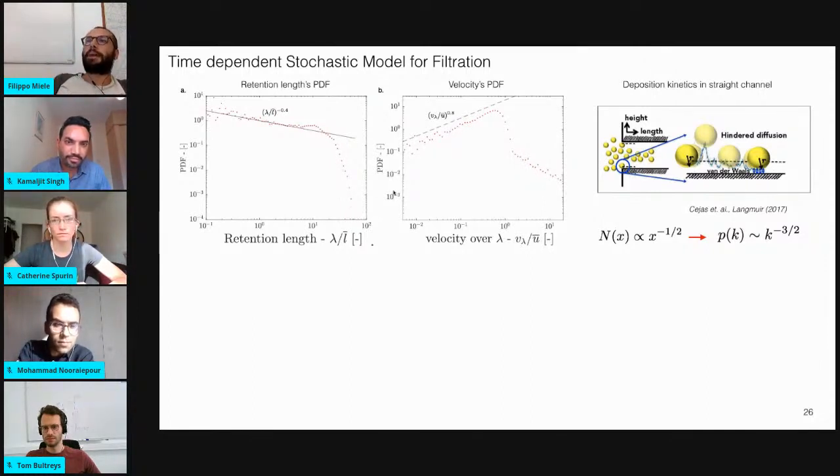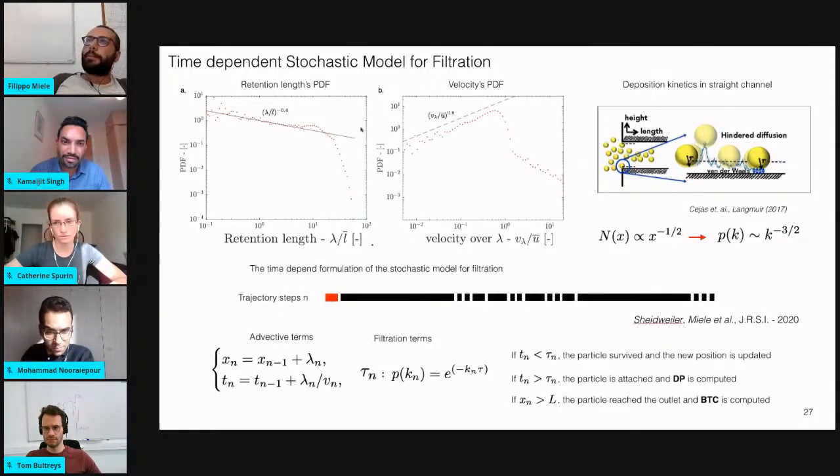Now, by the same particle tracking, we were able to measure the velocity PDF, and for the attachment rate, we employ a result that has been derived and measured by collaborators, where they measured, for a straight channel, a deposition profile that scales with an exponent of minus 0.5, which corresponds to an attachment rate that decays with this characteristic exponent.